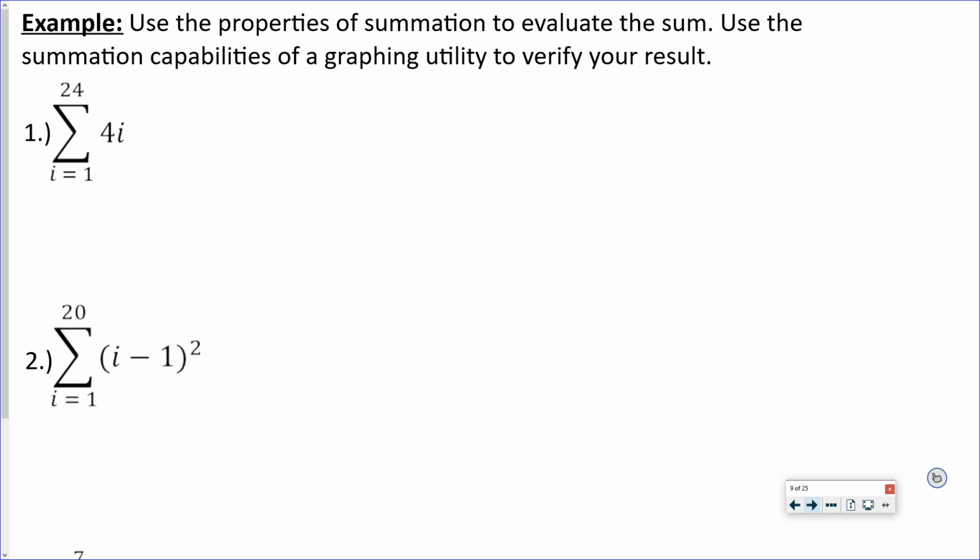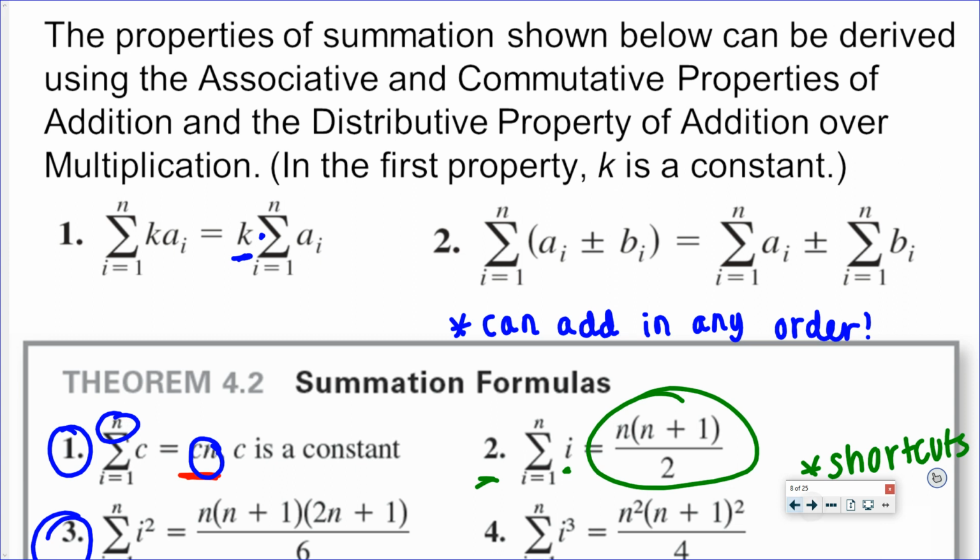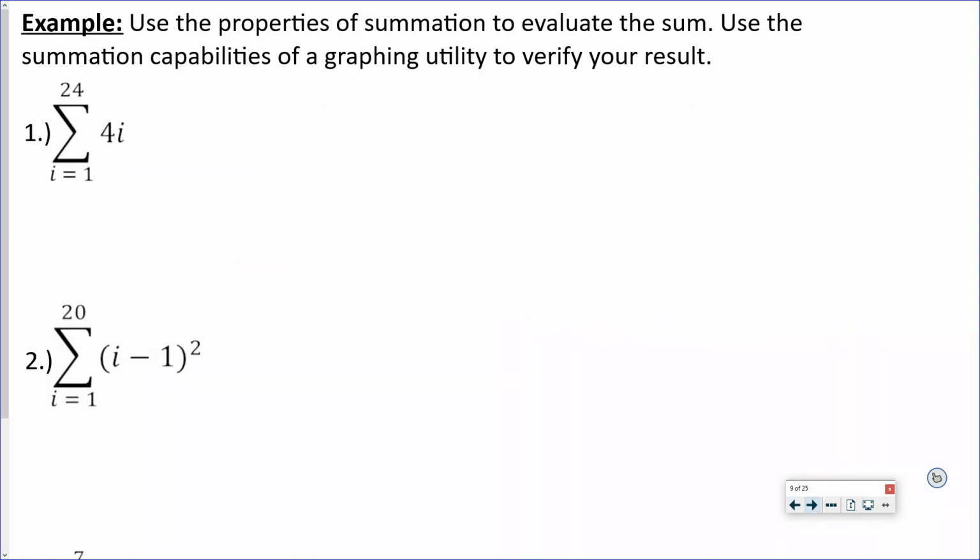Okay, so now these are getting more intense. Here's my rule, 4 times i. We could, if we wanted to, do 4 times 1 plus 4 times 2 plus 4 times 3 plus 4 times 4, all the way up until 24, but that would take forever. So this is where these properties and formulas will help us. The first thing I see is I have 4 times i.